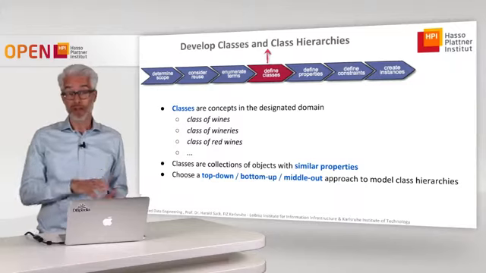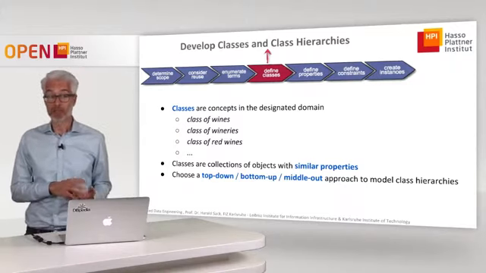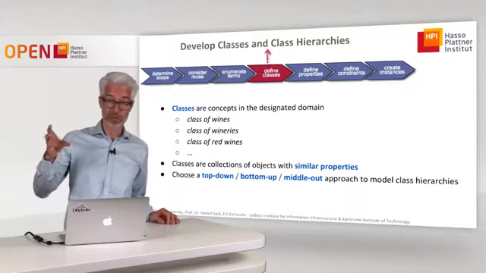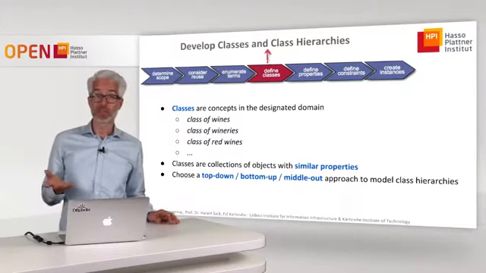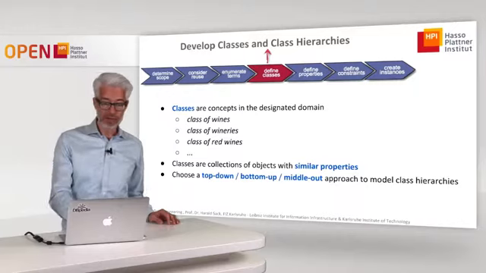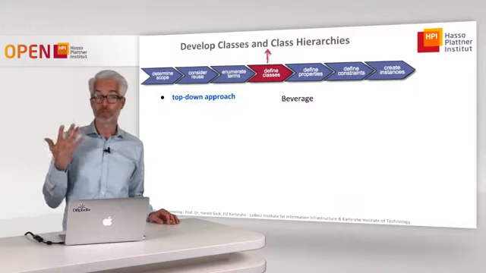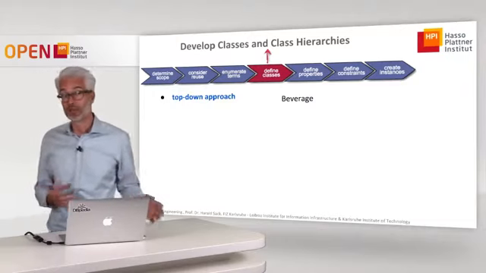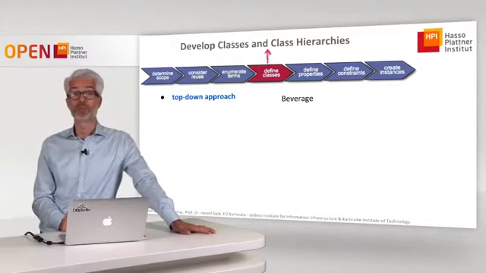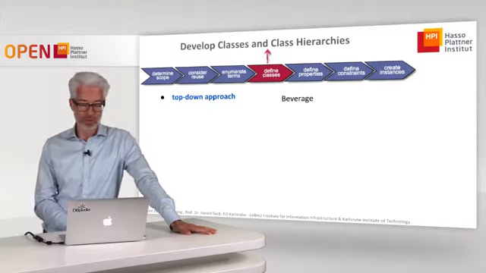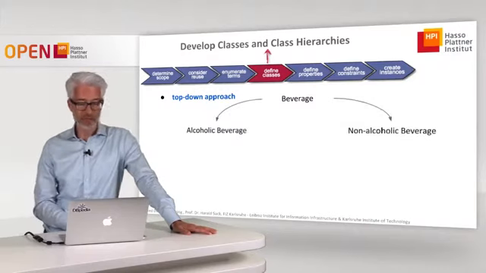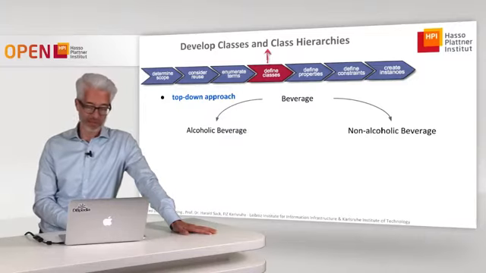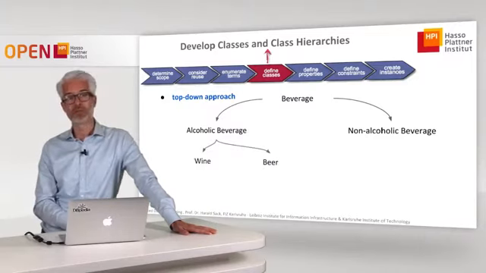And to model classes, and especially then class relationships, how are they related in terms of subclasses and superclasses with each other? There are several ways to start. Most easiest one, you can start top down. So you start with the most general concept that should somehow be represented in your ontology, and that might be a beverage for your wine ontology. Then you say, okay, beverage, there are alcoholic beverages, there are non-alcoholic beverages, and then let's go deeper in that hierarchy.